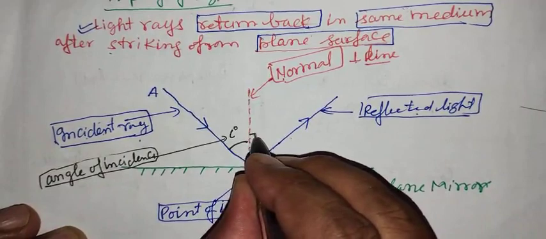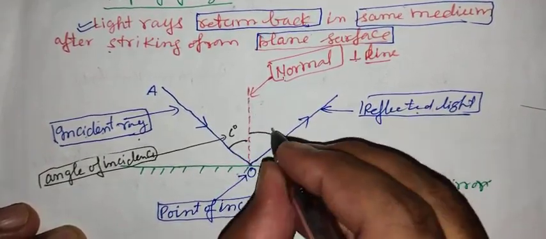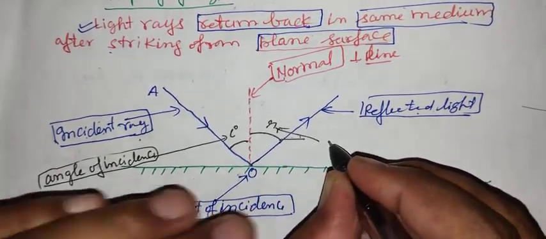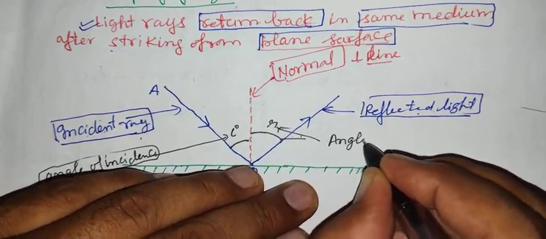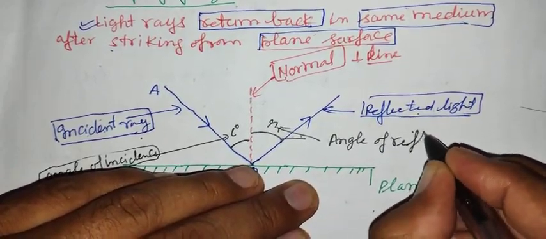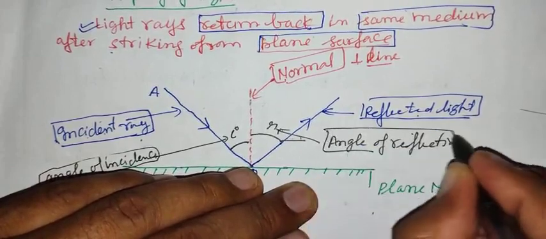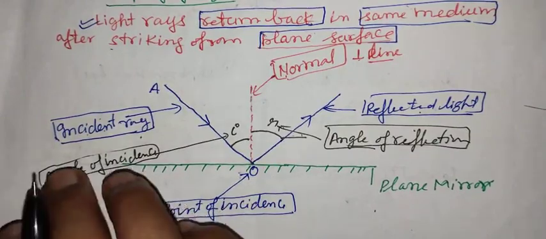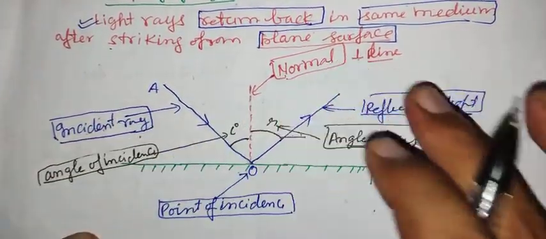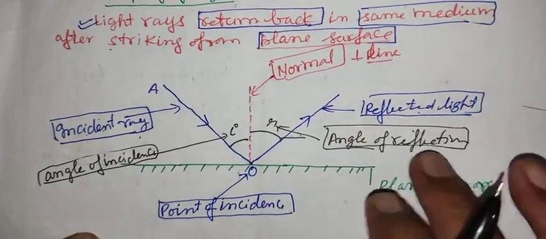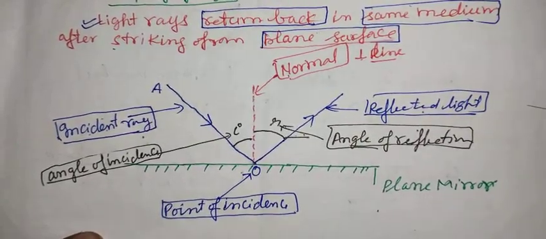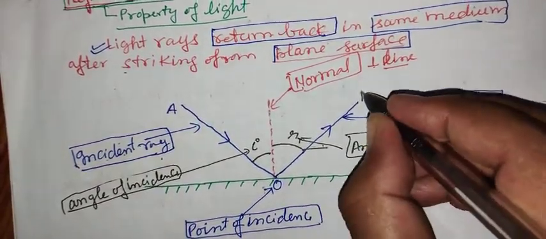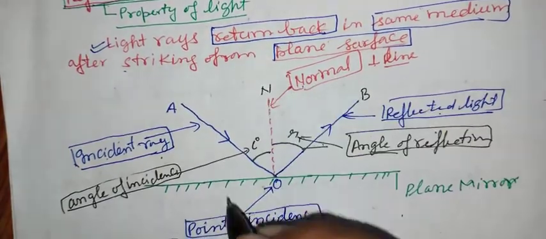And the angle made by the reflected ray with the normal is represented by R, and it is known as the angle of reflection. So see the terms here: plane mirror, point of incidence, angle of incidence, incident ray, normal, reflected ray, angle of reflection. Let AO be the incident ray, OB the reflected ray, ON the normal.